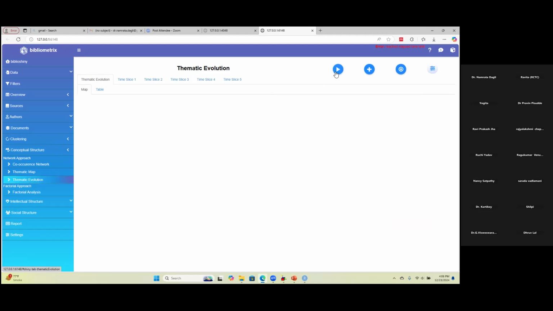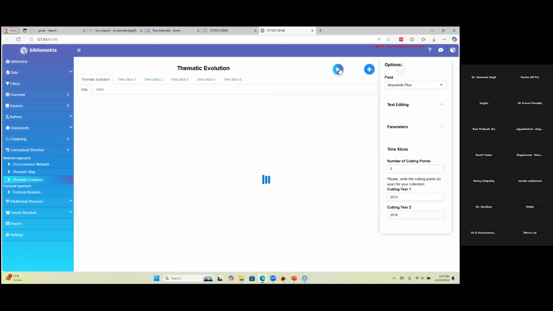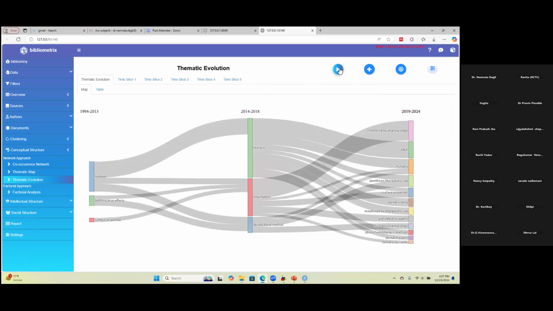This graph is... here we can see how the terms are changing over time.